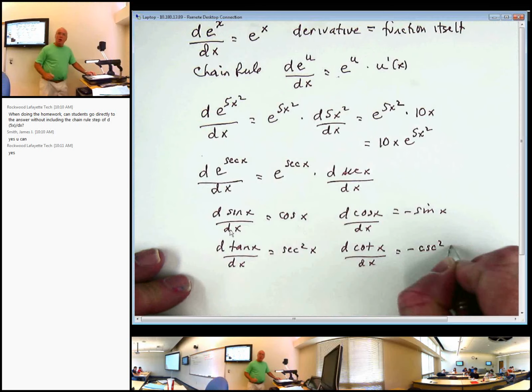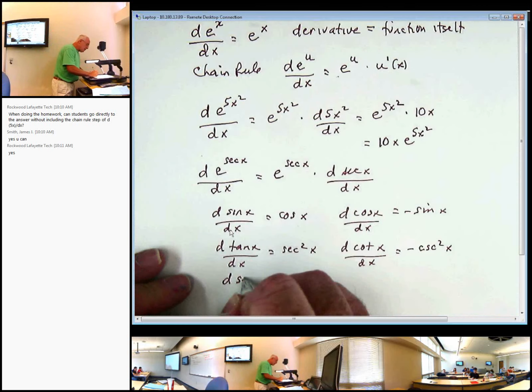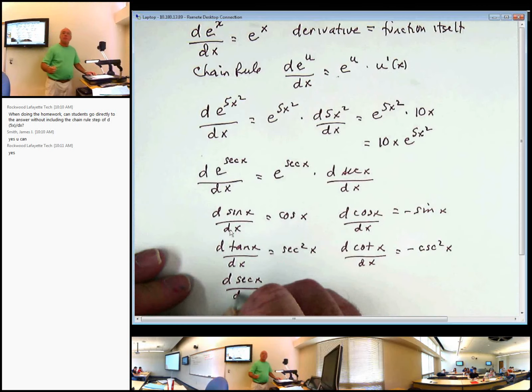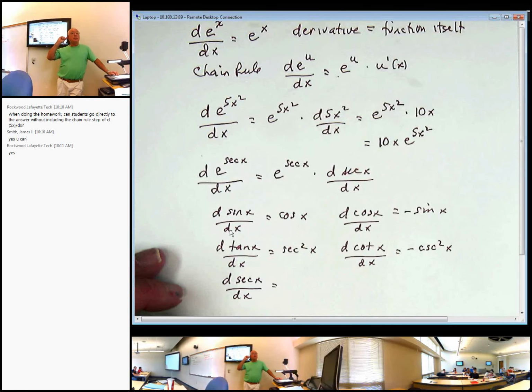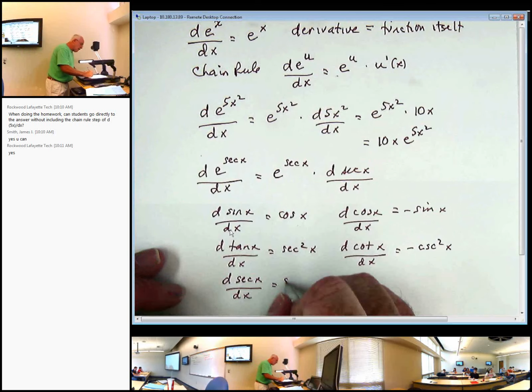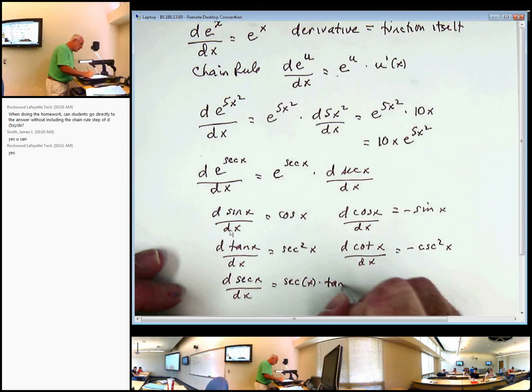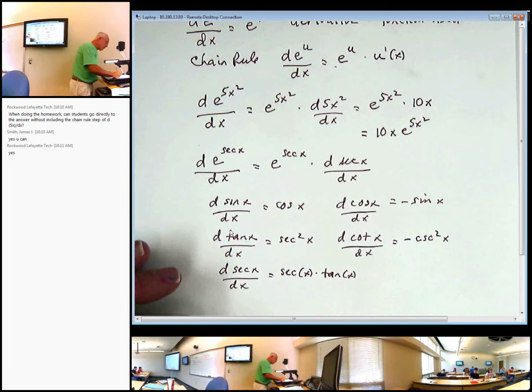Right. Okay, so let's go to the secant here, which is part of our problem. Derivative of the secant of x. What's that? Secant times tangent, right. Secant of x times tangent of x. All right? All right, let's then look at the cosecant.